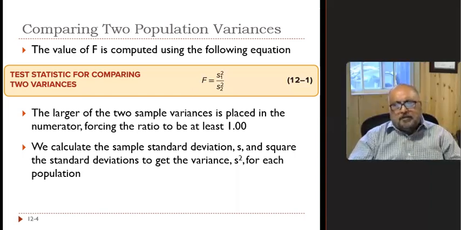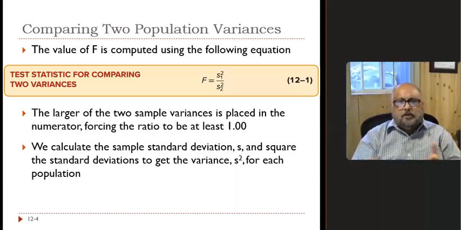It is given by the square of the standard deviation of one population divided by the square of the standard deviation of the other population. I know that standard deviation squared gives you variance. So that's what I mean.